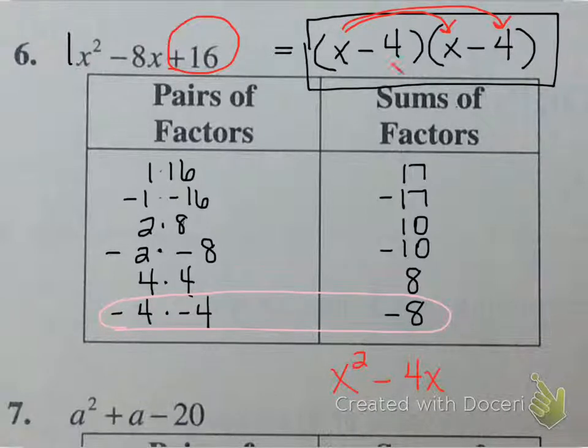If I do my inners, negative 4 times x, I get another negative 4x. And finally, negative 4 times negative 4 is a positive 16. Combine my two middle terms because they're like terms. And that checks out. I got what I started with, x squared minus 8x plus 16. That's my original problem. Therefore, my answer of x minus 4 times x minus 4 checks out.